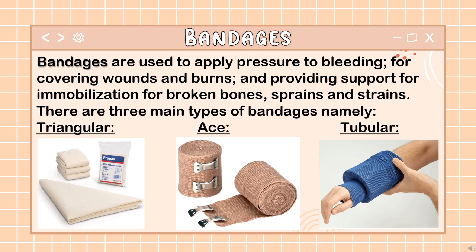Triangular bandage is made from cloth and can be used as cold compress, padding, support for pressure, or support sling. Ace bandage secures dressing in place. And tubular bandage is used to support joints or hold dressings in place. Smaller tubular bandage is used for finger injuries.